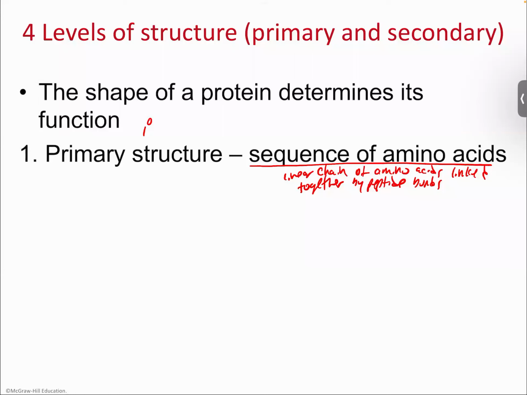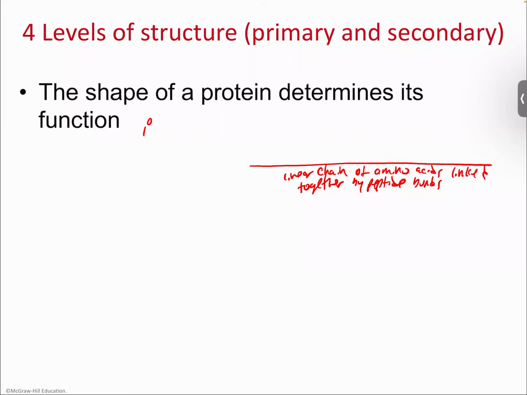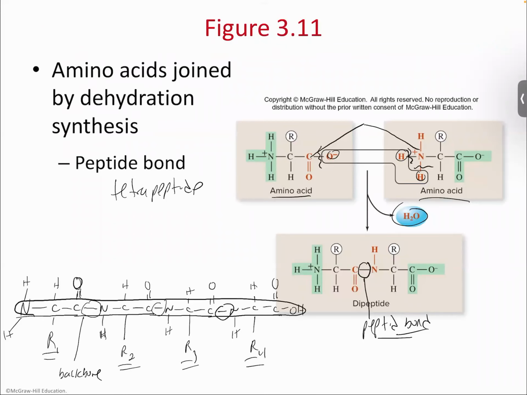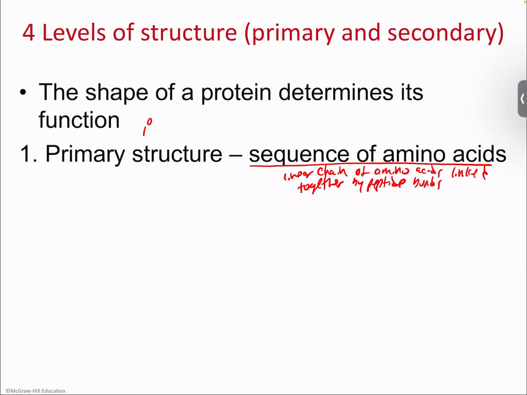So what I actually drew here is primary structure. That would be the primary structure for this little tetrapeptide. So primary structure, the first level of protein structure, is pretty basic.